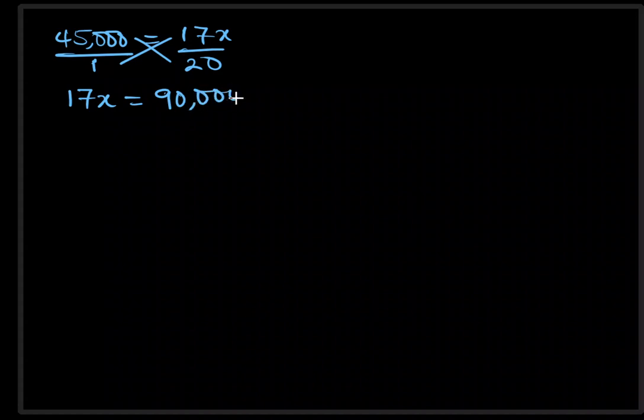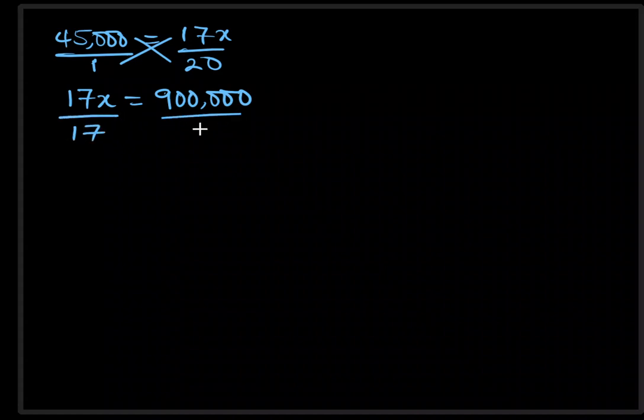We attach the four zeros, so that's going to give us 900,000. So we divide both sides by 17. If we take 900,000 divided by 17.